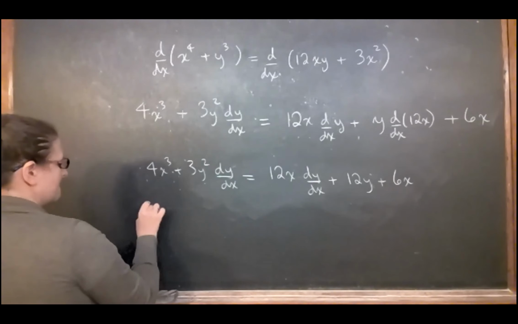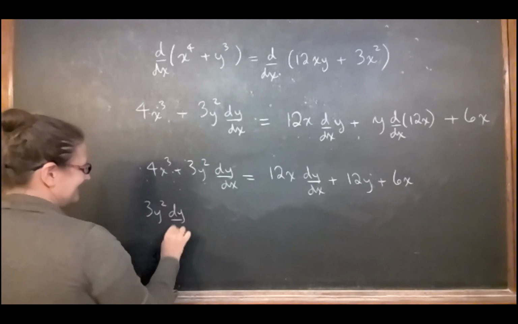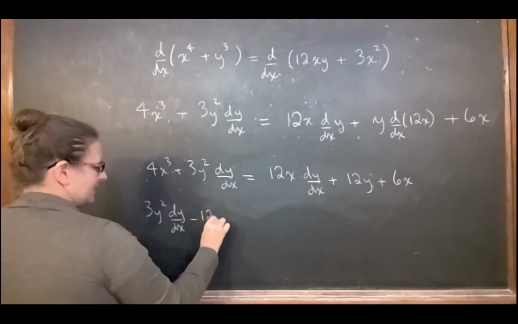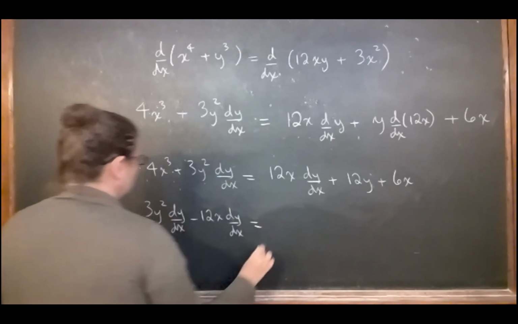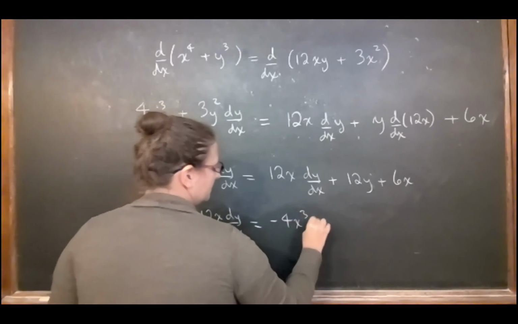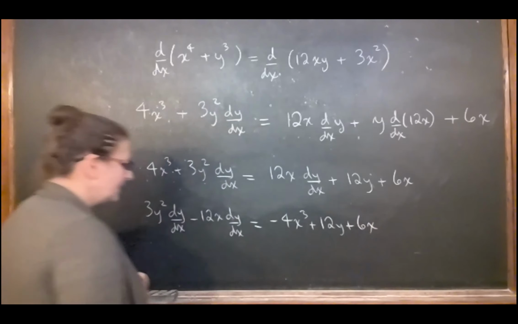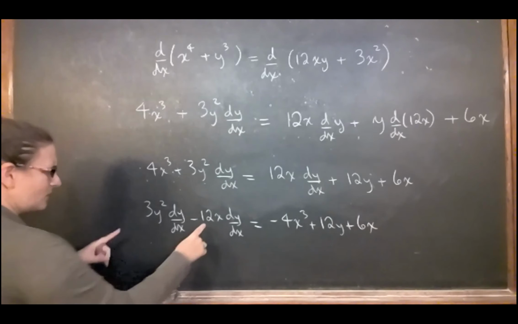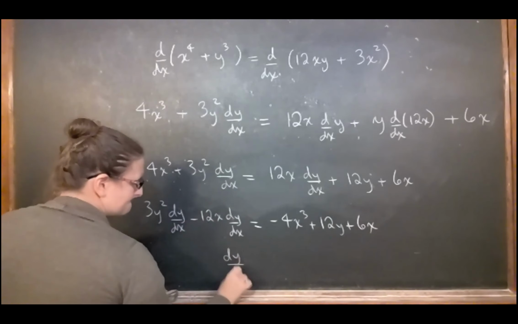So I have 3y squared dy/dx minus 12x dy/dx equals minus 4x cubed plus 12y plus 6x. I can pull the dy/dx out here. I'm going to have 3y squared minus 12x, and then I'm just going to divide it out.